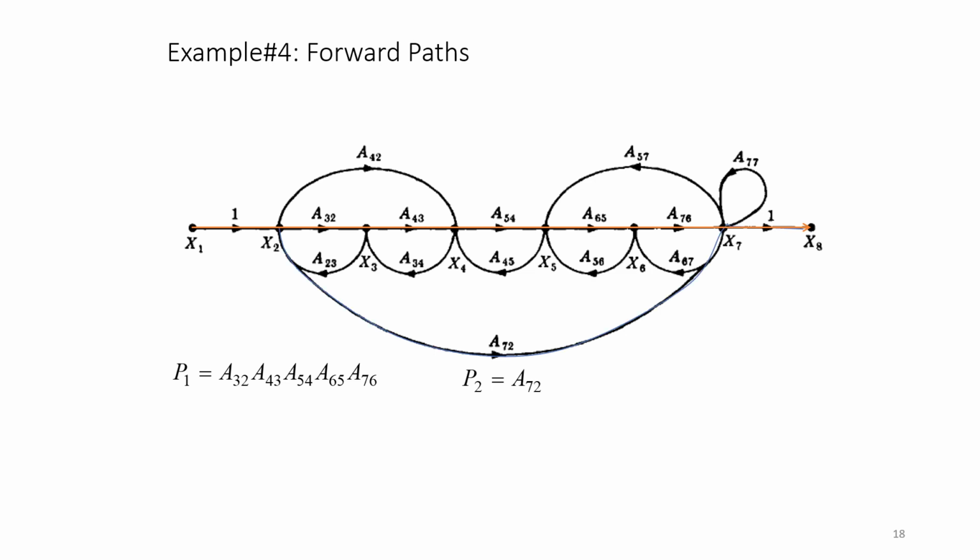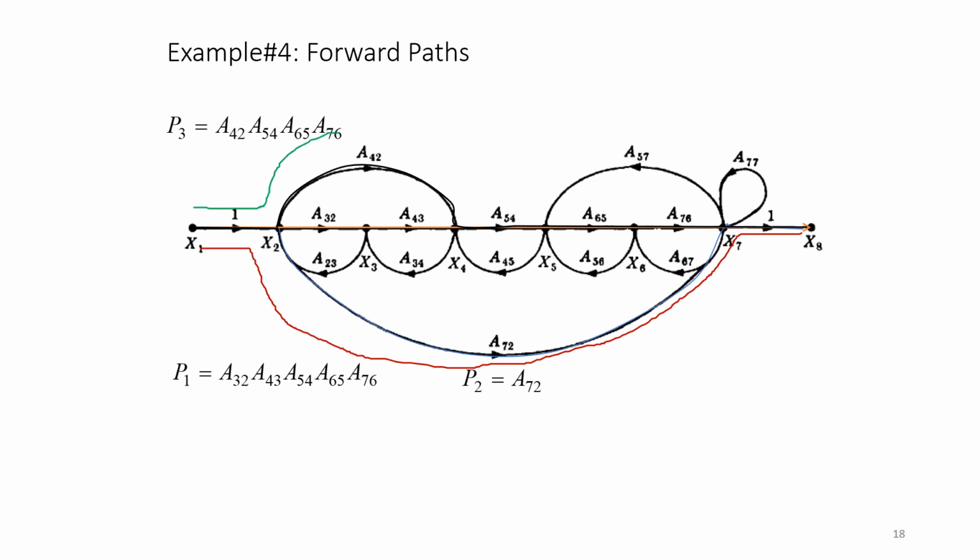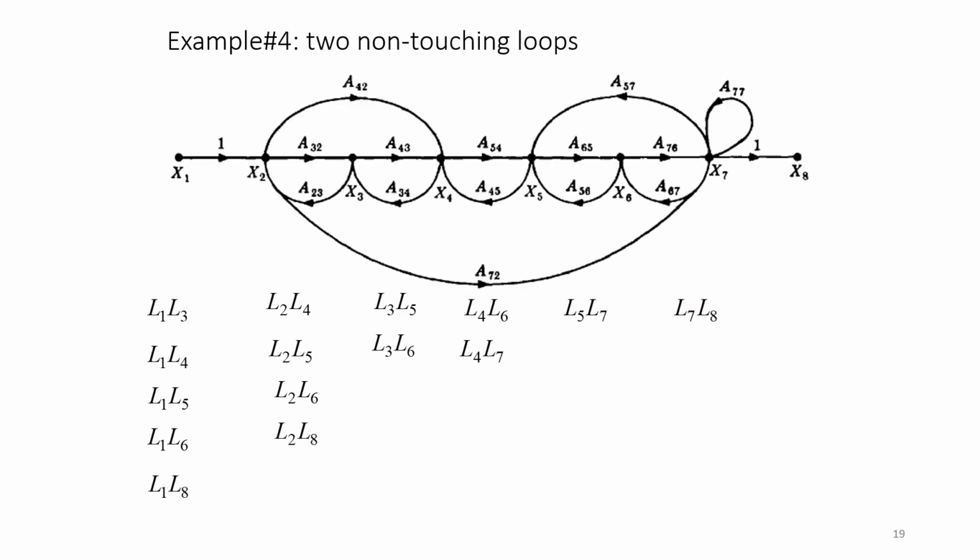Similarly, you have P2. So directly from here you are going like this, which I am showing in red color. Then P3, you will start like this, you will go like this. So that is one more forward path, P3.